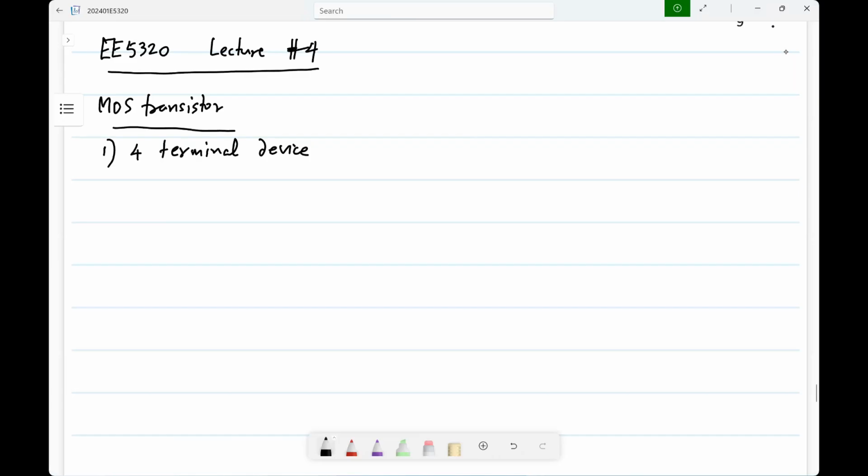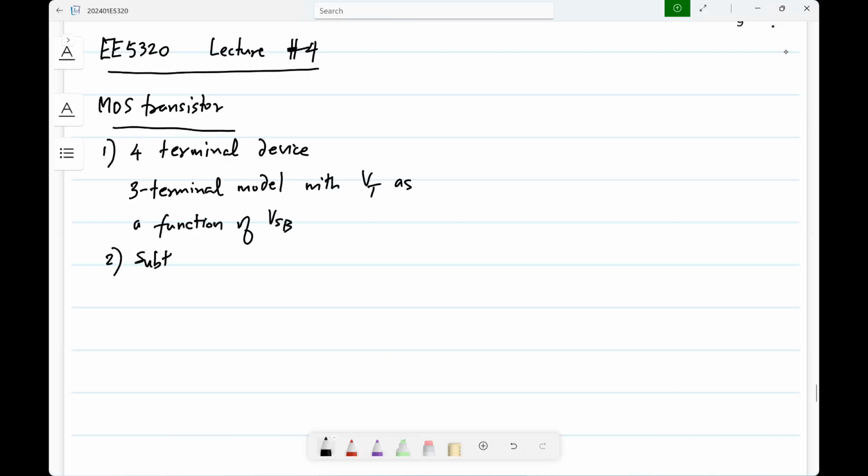What is conventionally done, at least for use with analog circuits, is to extend the 3-terminal model with Vt as a function of VSB. We'll see, this is not the only way to model it. In fact, this is probably not the best way to model it either, but for hand calculations, this is what we'll use.